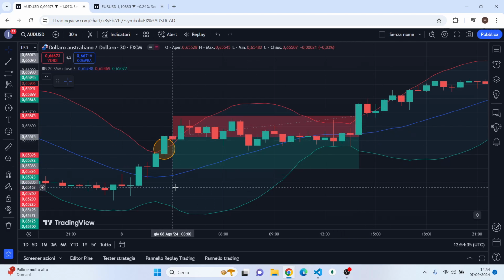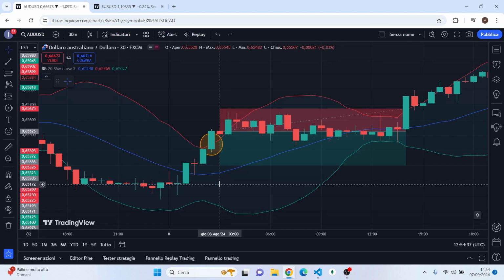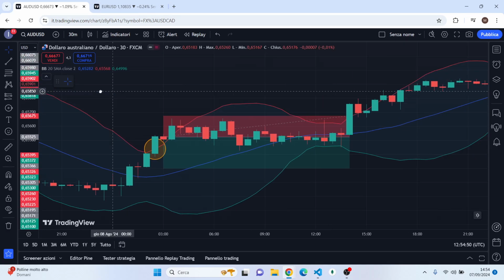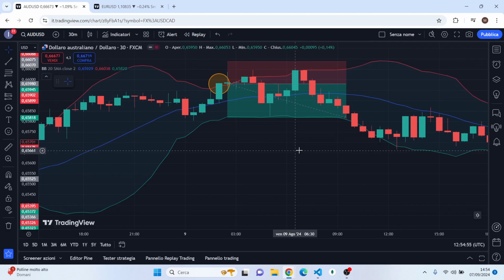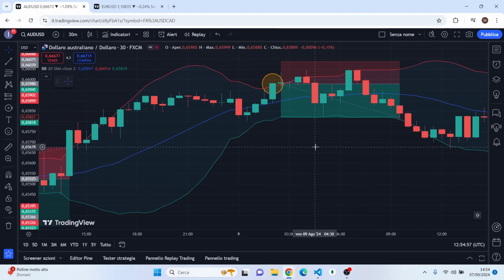The conditions for a long position are the opposite, so you always have to check for 15 candles that didn't touch the green and red line, and then check that a candle closes below the green line. So we have seen some successful and unsuccessful trades, and this strategy seems to be profitable.